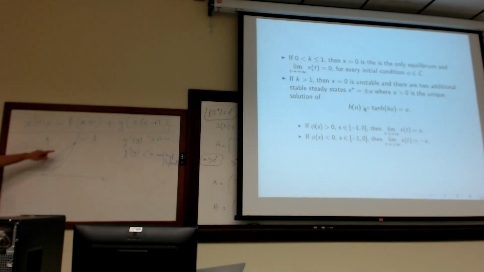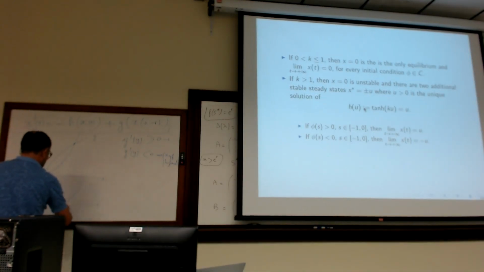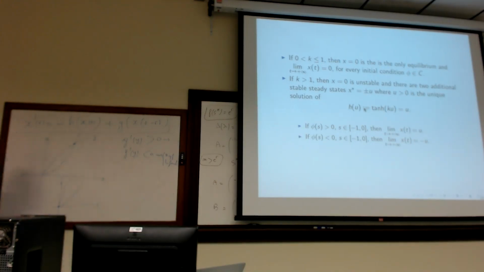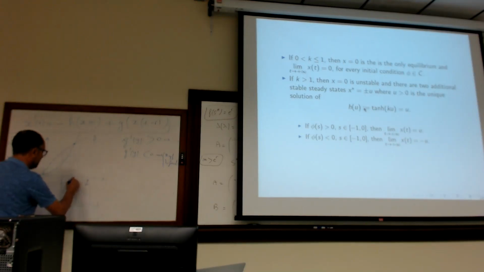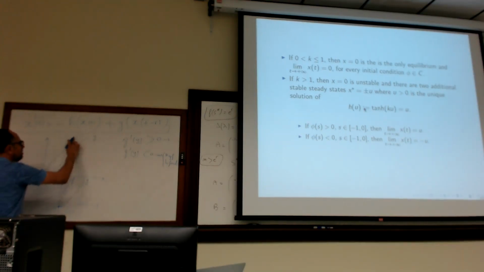Okay? There are two steady states. This one will be globally asymptotically stable. If you have something like this is G, and F like this, never cross again, this will be globally asymptotically stable. This is G and this is F. This is H, sorry.